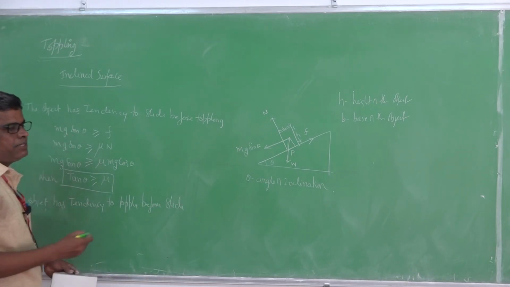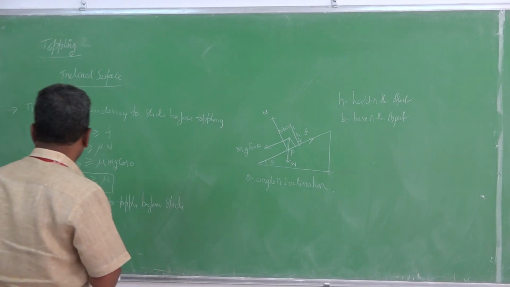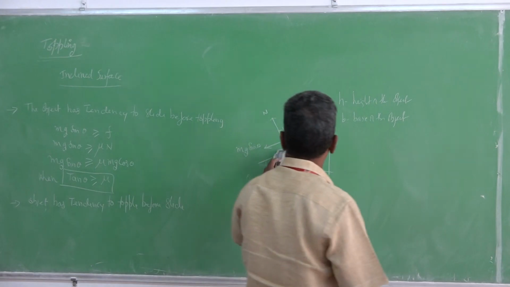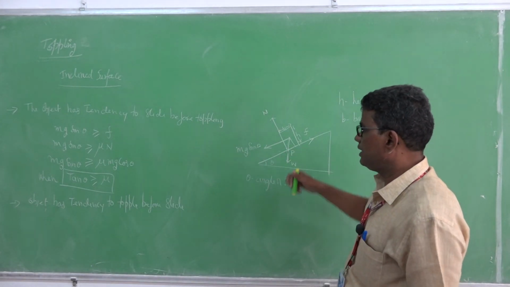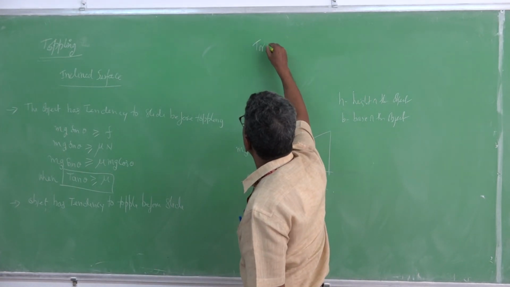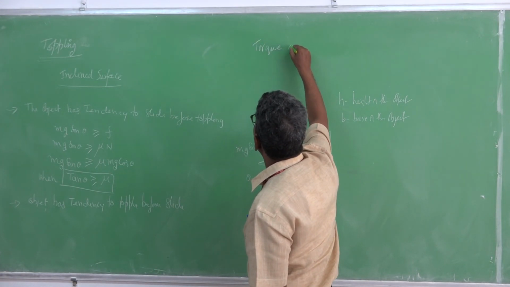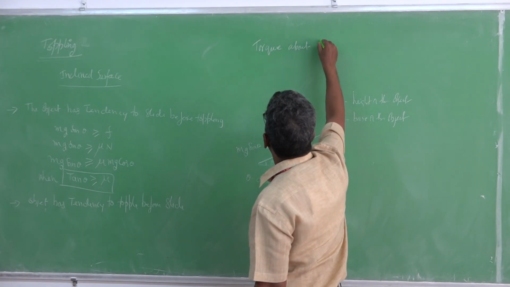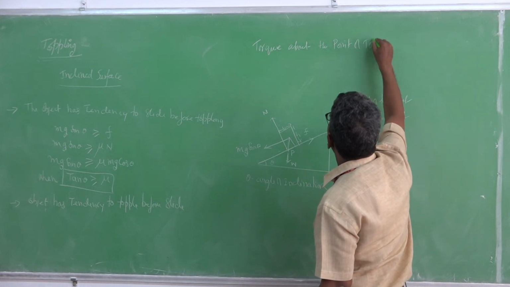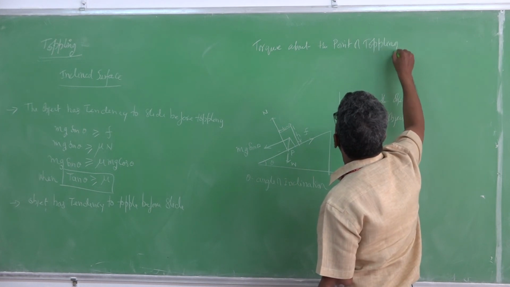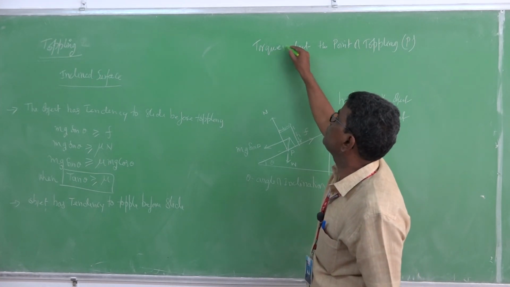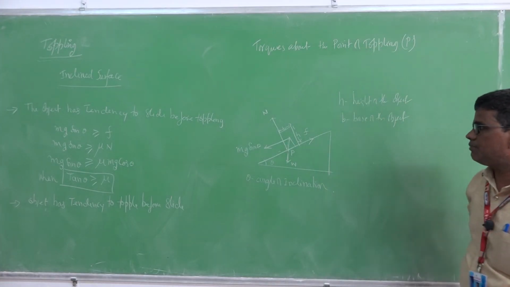Without sliding, there may be chances of toppling the object. So you take the torques. You write the torques about the point of toppling, that is P.